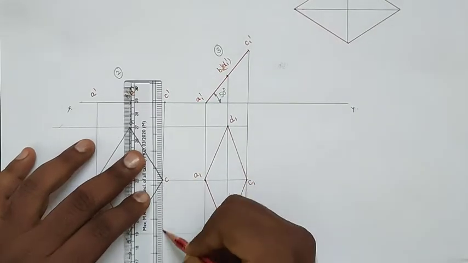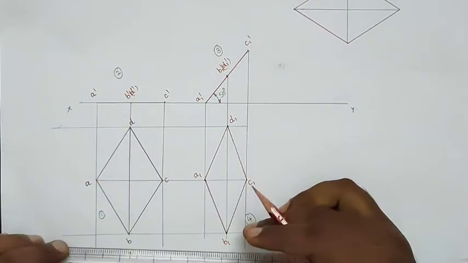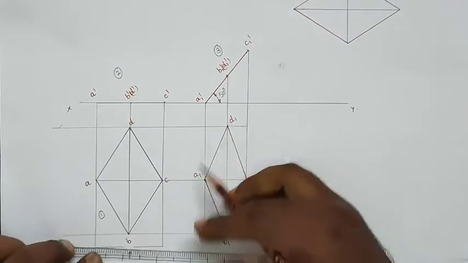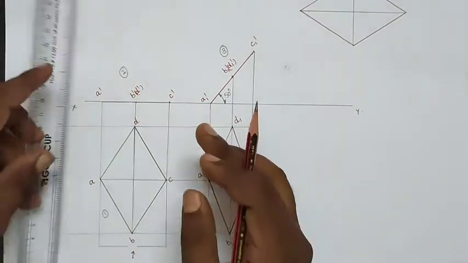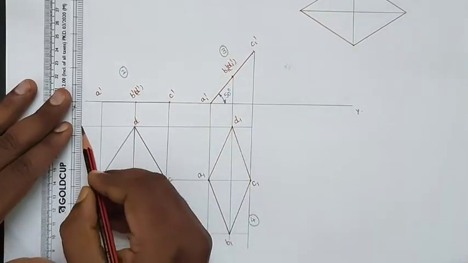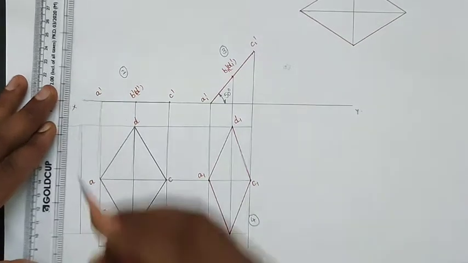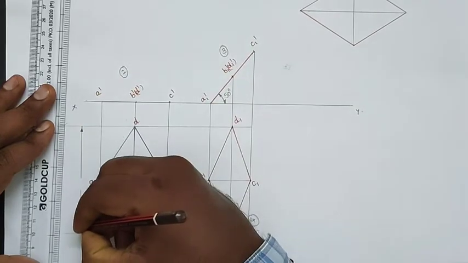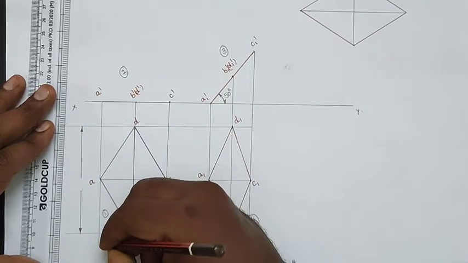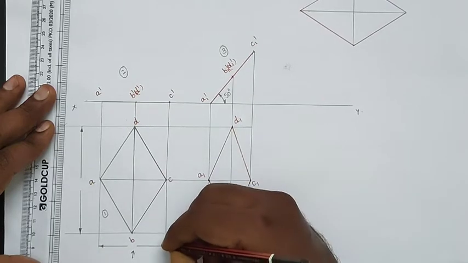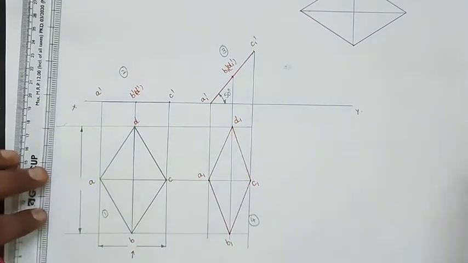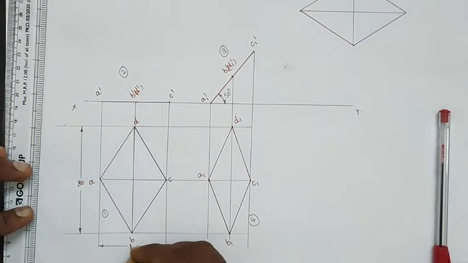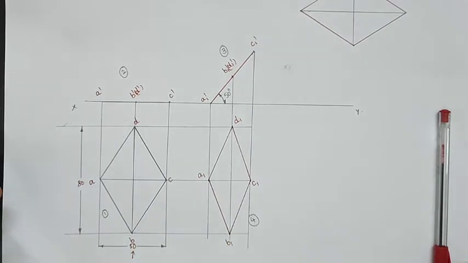I am mentioning the diagonals with respect to the dimensions. So this dimension is, they are giving that the major diagonal is 80 and the minor diagonal is 50. So this is our required problem.